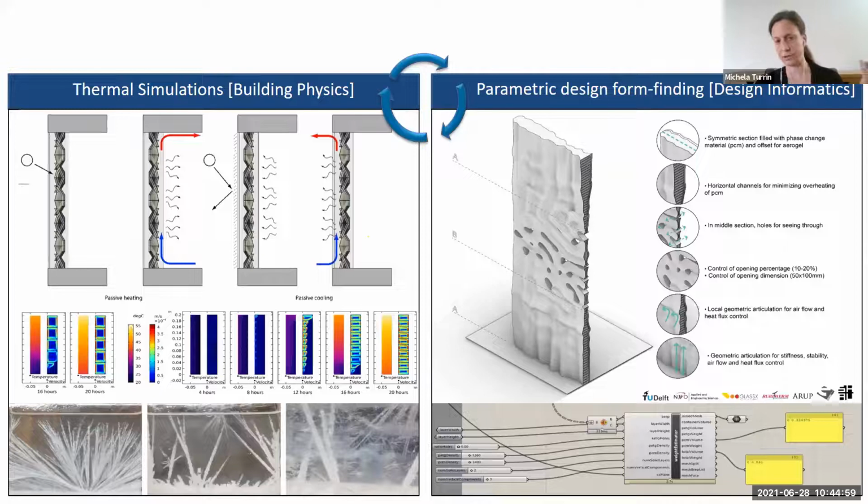So there are drivers that come from certain thermal principles, which in this case regard the heat storage capacity related to phase change materials in a container that is meant to act as a Trombe wall within indoor spaces, which is then tuned in terms of geometry to activate principles that would enhance the behavior of the material per se.